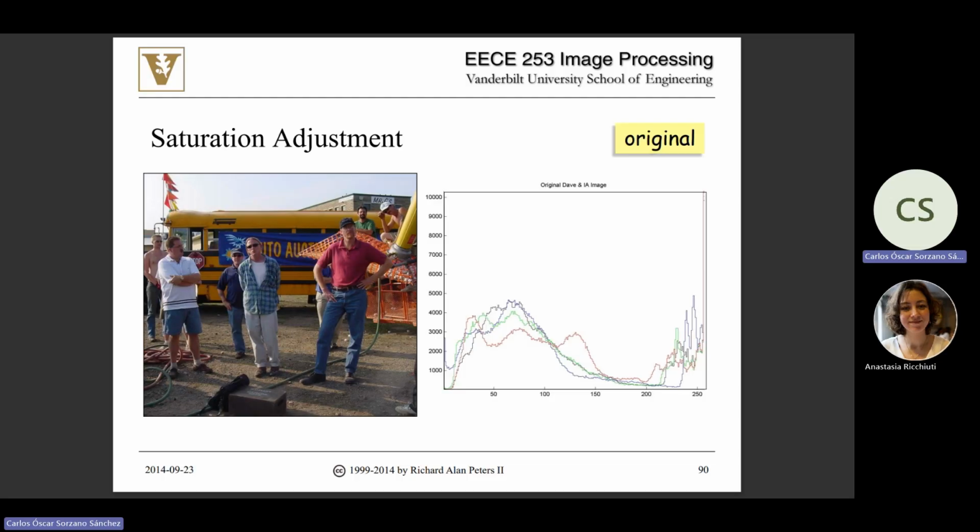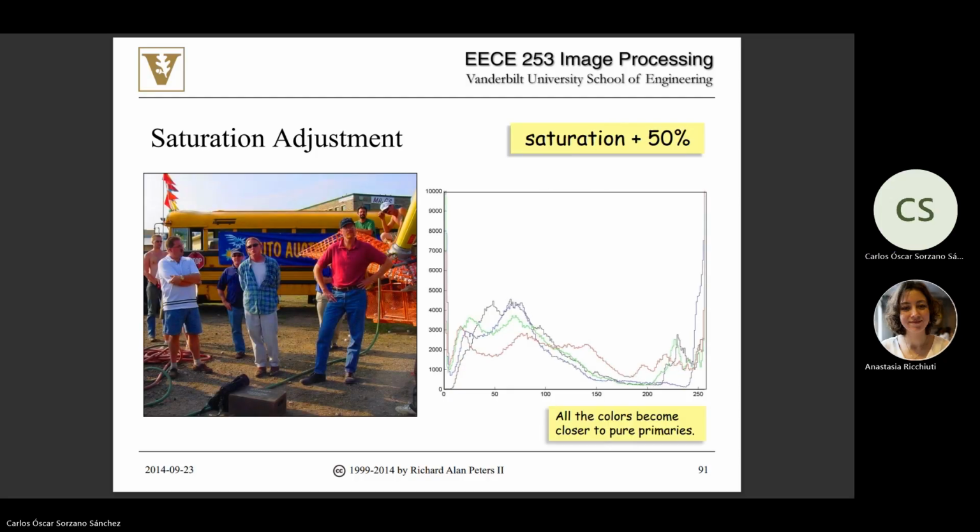Now we can play with colors again. We have our favorite image. I transform it into the HSV space, multiply the saturation by 50%, and go back to the color space. Going back to RGB, this is what you get.